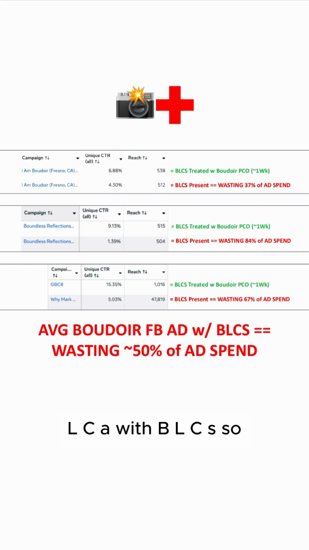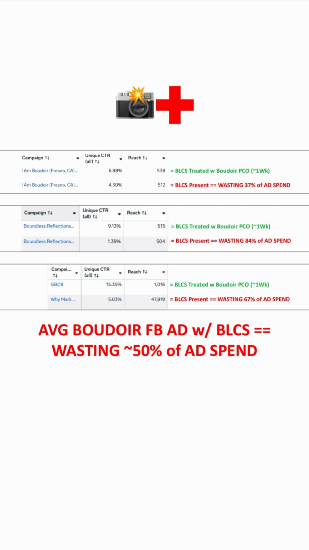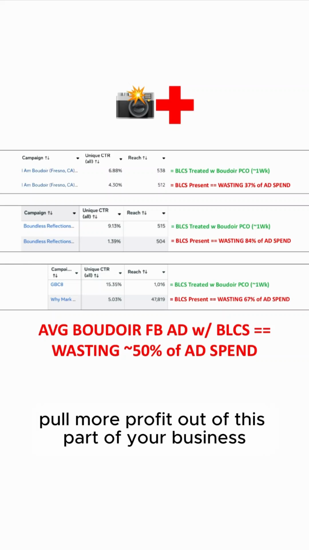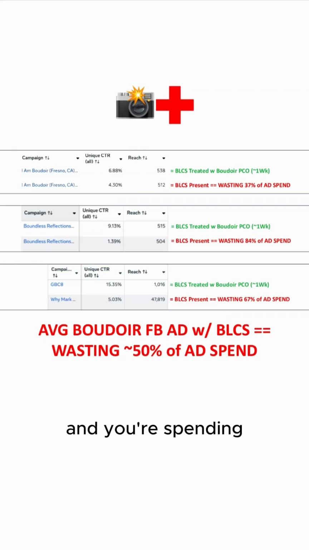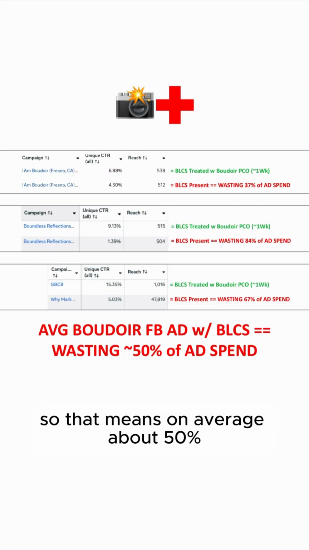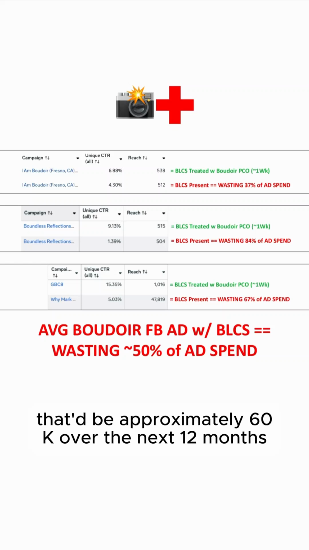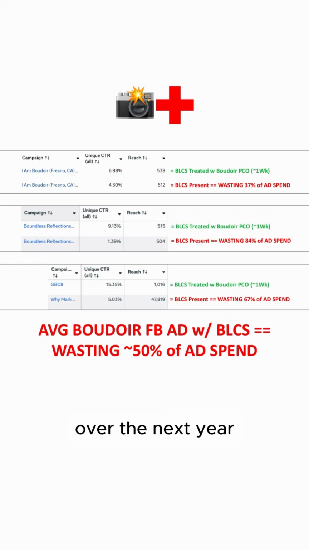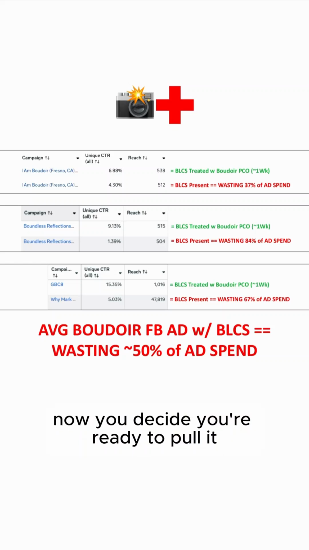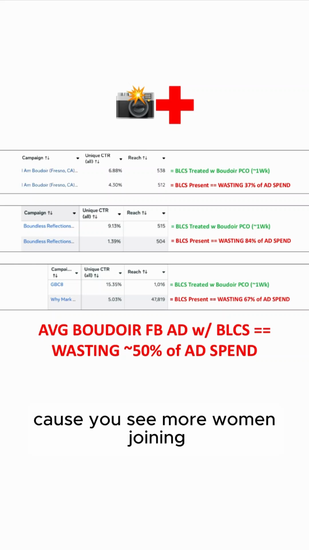So if you're a BLCA with BLCS, so if you're a Boudoir low click advertiser with Boudoir low click syndrome, and you've decided you want to optimize, pull more profit out of this part of your business, and you're spending more than 10 grand a month in Boudoir Facebook ads, so that means on average about 50% or about 5K is being wasted every single month, and you want that back in your pocket, that'd be approximately 60K over the next 12 months, over the next year. And you're optimizing all the other parts of your business, pulling money out now. You decide you're ready to finally pull it out of this part of the business because you see more women joining.